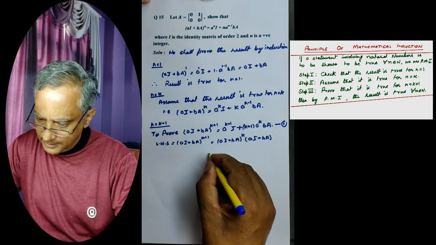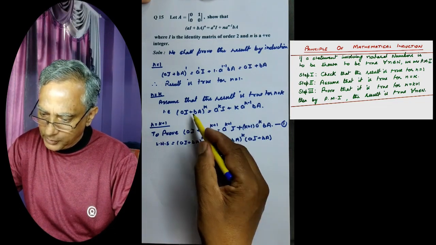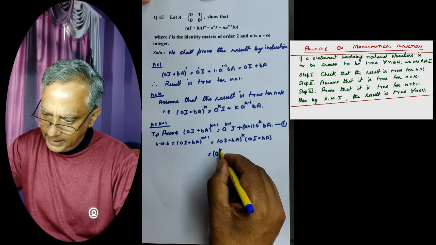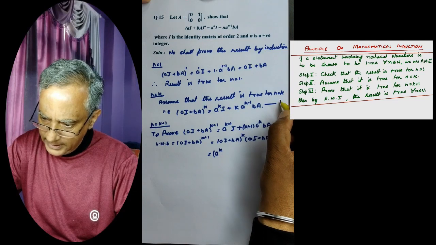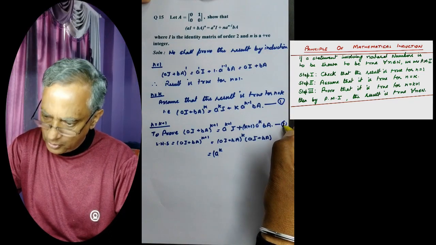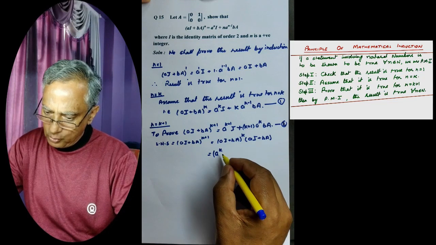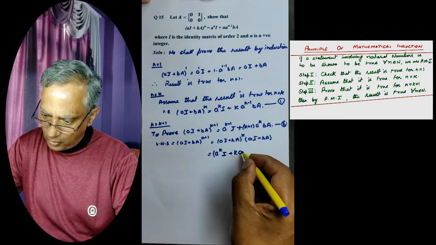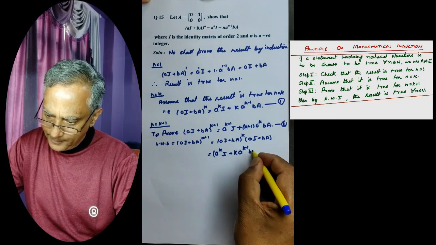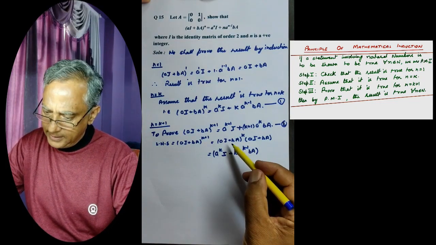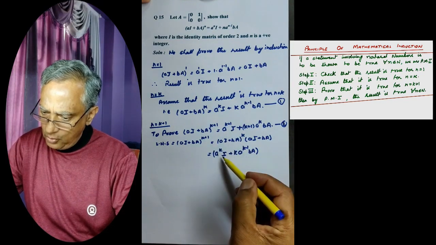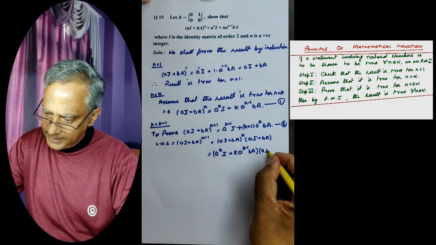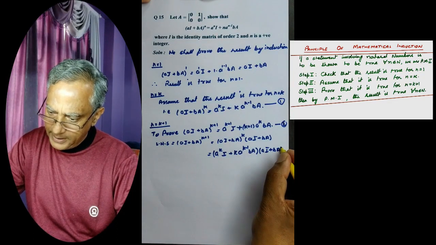So we use the assumption here. From this equation, we will have a^k I plus k a^(k-1) bA. Now by assumption, this is equal to this much, and we write this matrix as it is, aI plus bA.